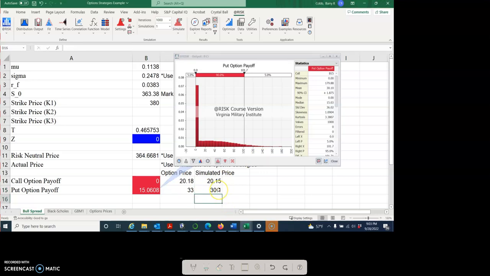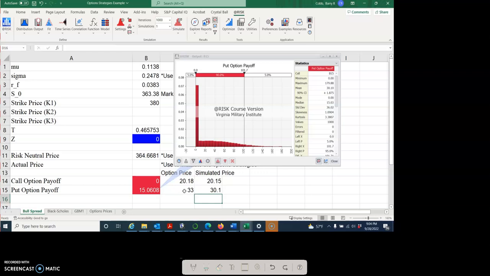Now, the reason that the put option has a lower simulated price than the market traded option price is because the early exercise feature of the options that are traded has some value.